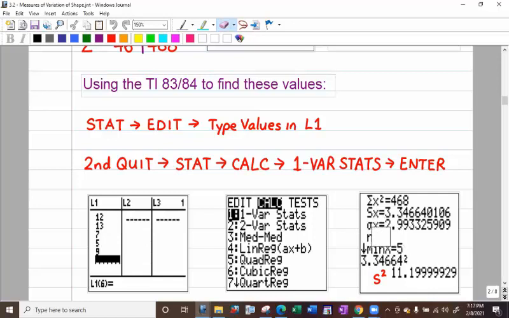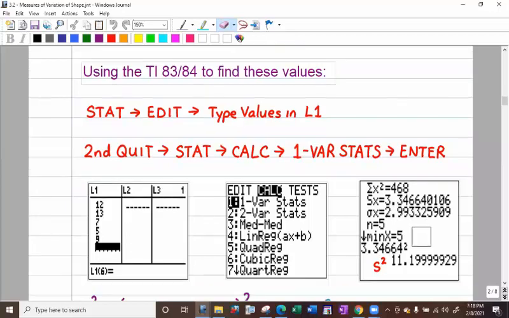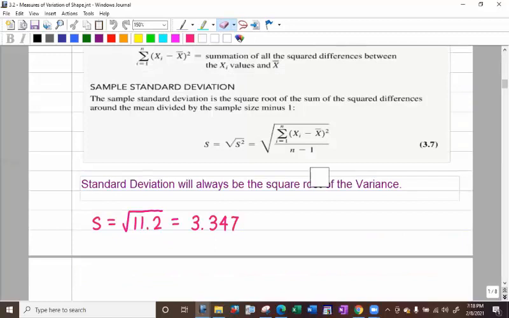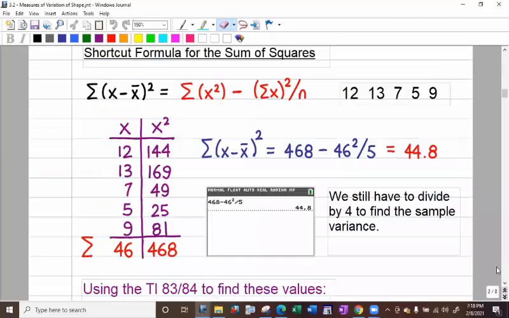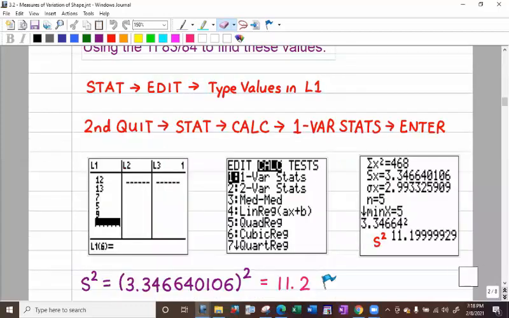Now, there's actually 2 standard deviations here, but there's the S. That's the one we're studying right now, the S. So there it is, 3.3466, which I rounded up here earlier to 3.347. My point is the calculator does not show variance.